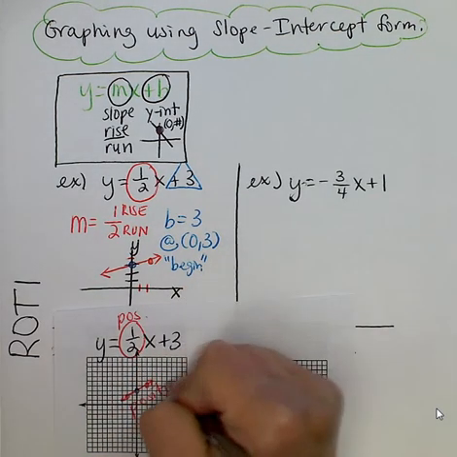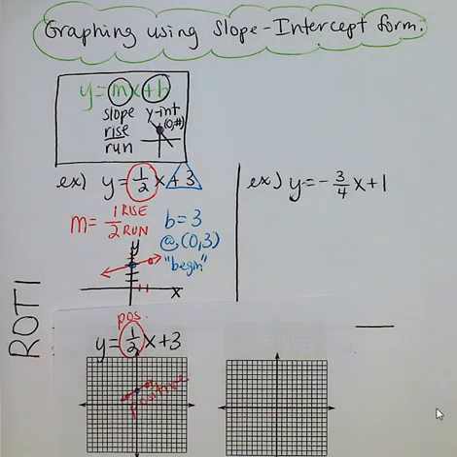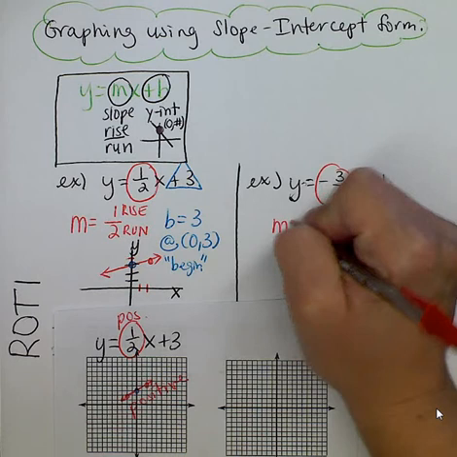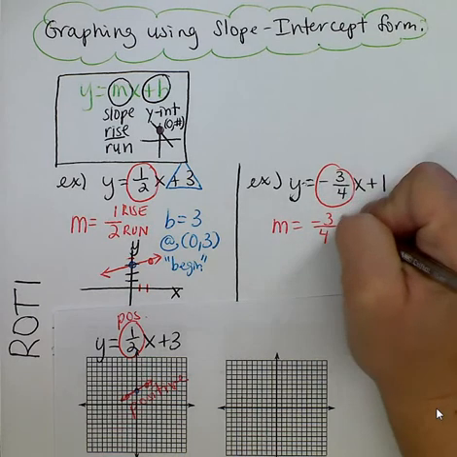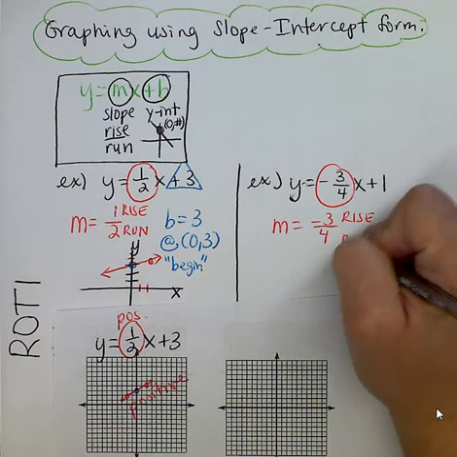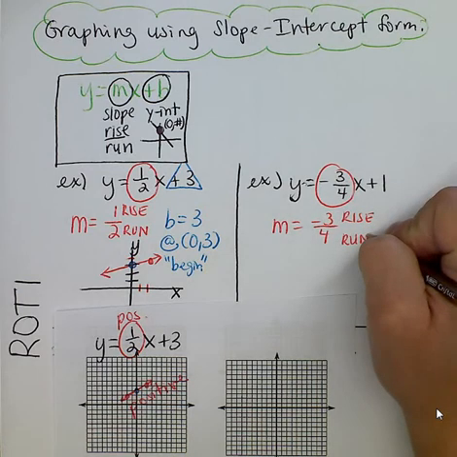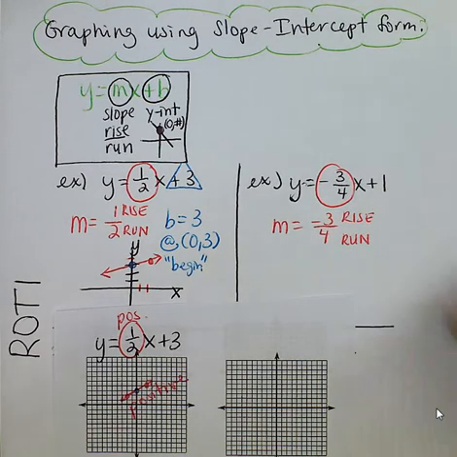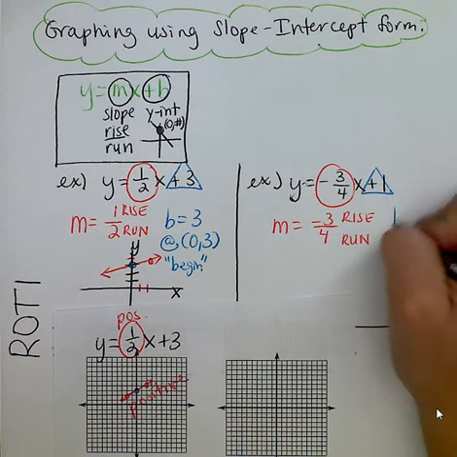So the positively sloped line is going to be different from our next example, where we see our slope is -3/4, which means the rise will actually be down 3. The run will still be positive right 4. The y-intercept, or the b value, at 1.